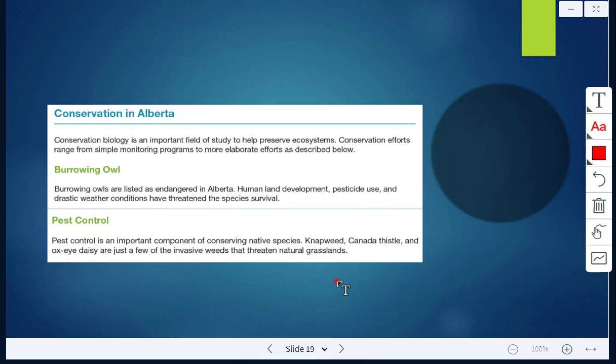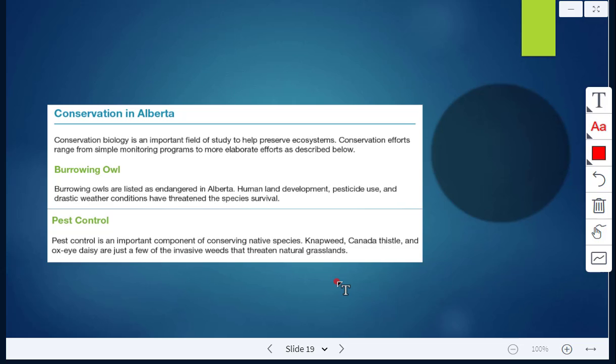Conservation in Alberta. Conservation biology is an important field of study to help preserve ecosystems. Conservation efforts range from simple monitoring programs to more elaborate efforts. So for example, the burrowing owl, they are endangered in Alberta.